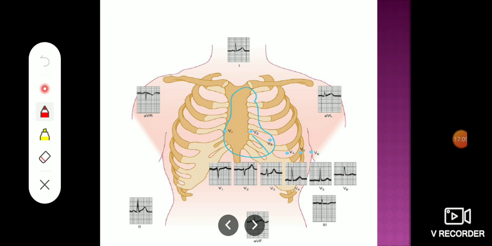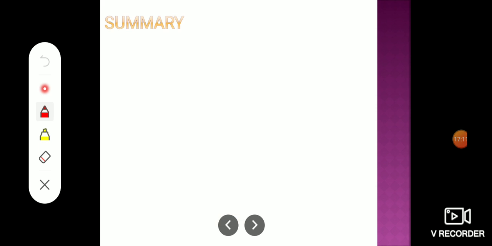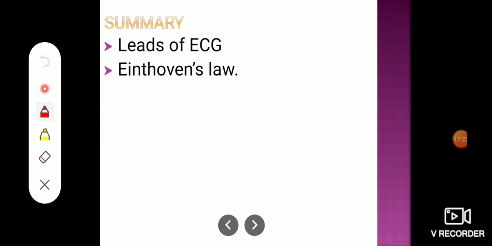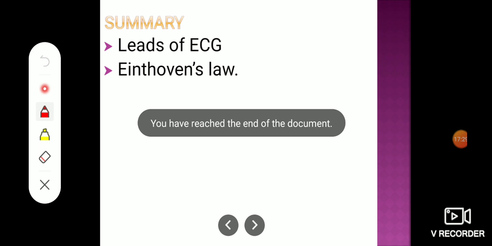So by a combination of 12 different leads, we will try to find the condition of the heart, abnormalities, and where they are actually arising from. Just to summarize, we have learned the leads of ECG and what Einthoven's law is. We'll discuss in detail during our flipped classroom discussion. Thank you.